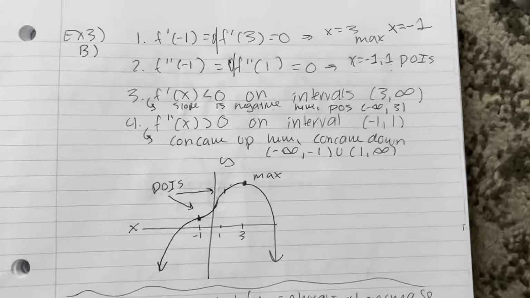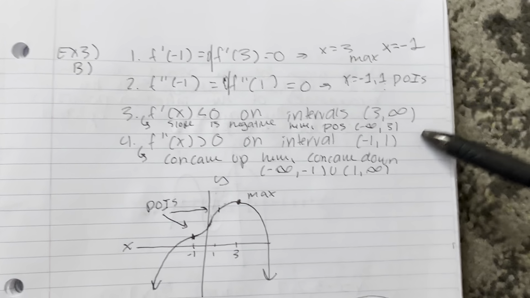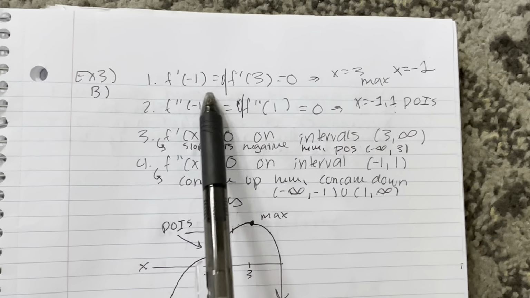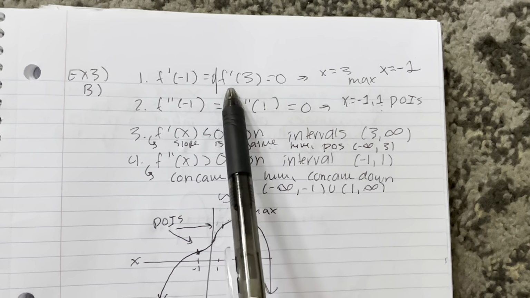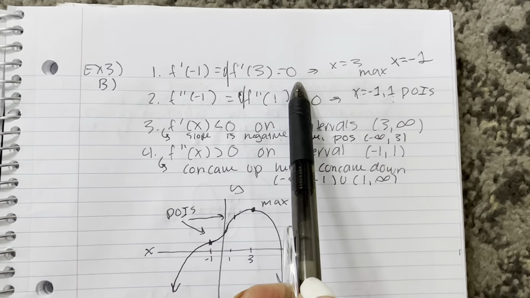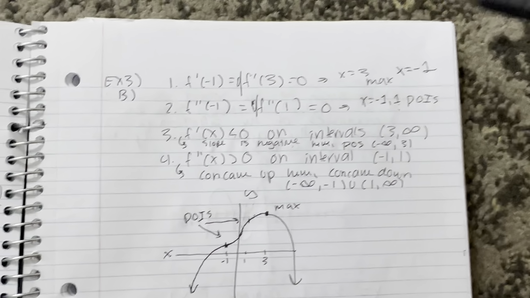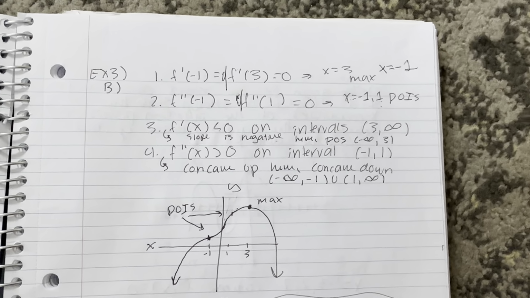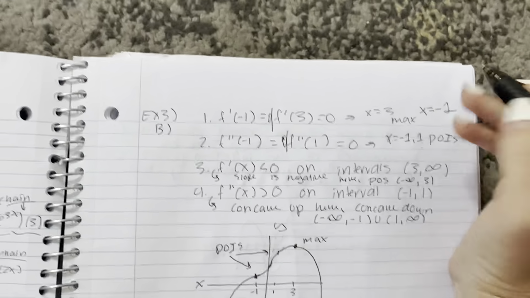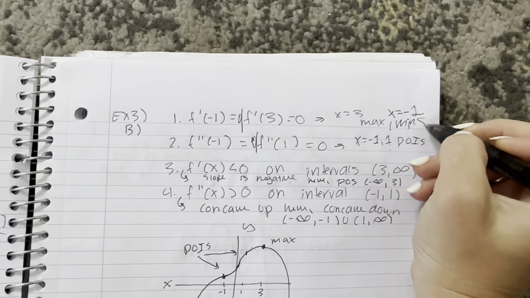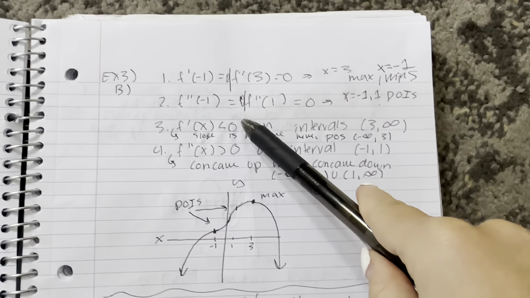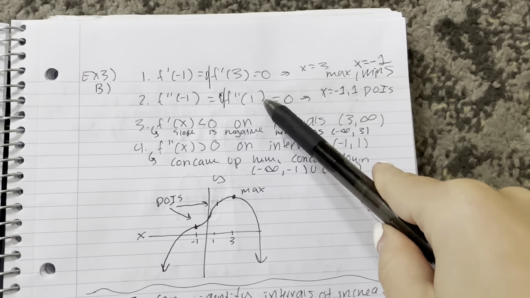So the next example, example 3, states in clause 1 that f prime of -1 equals 0, and f prime of 3 is also 0. This basically means the same thing, that at x equals 3 and at x equals -1, these are either max or mins. The second clause states that f double prime of -1 equals 0 and f double prime of 1 equals 0.